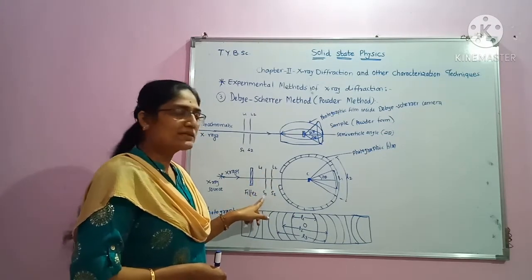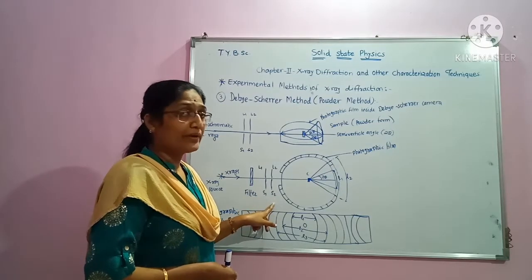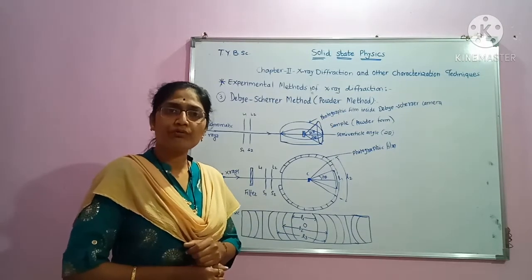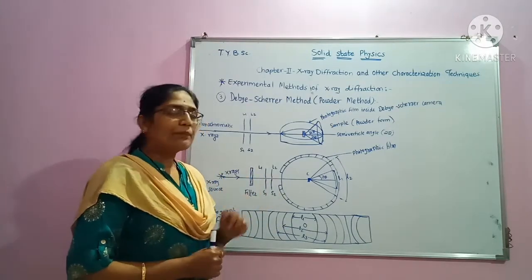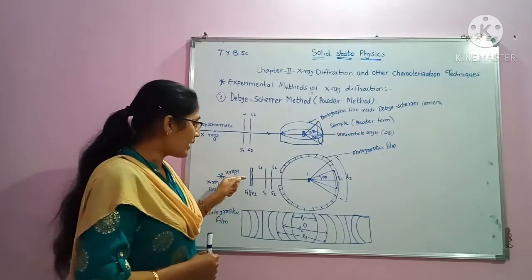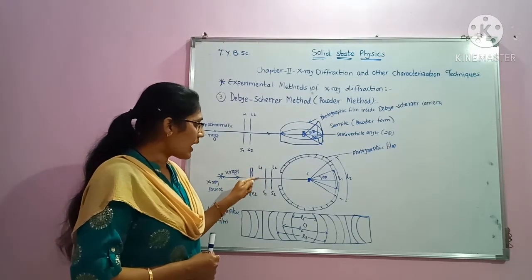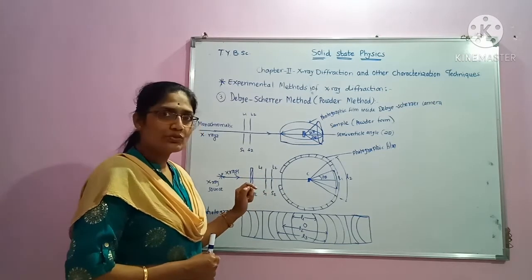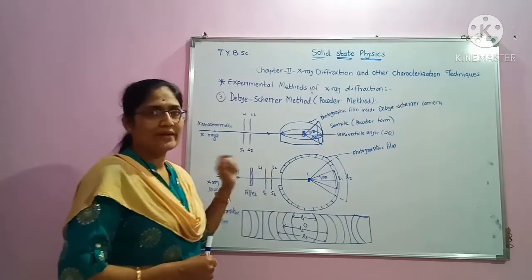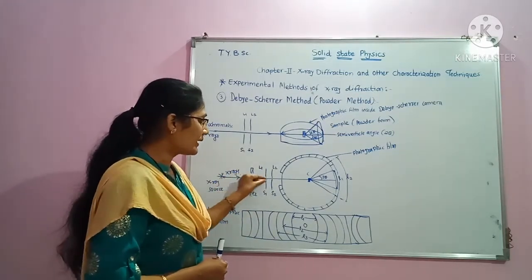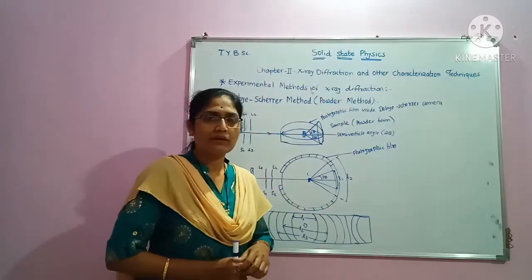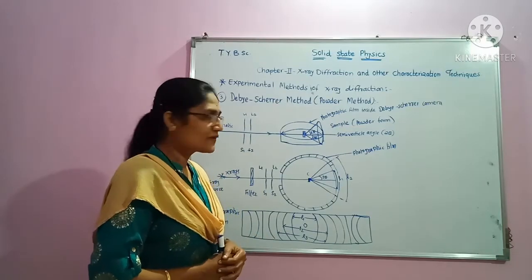These are two slits S1 and S2, made up of lead. When the X-ray beam passes through lead, it passes through the holes in slits S1 and S2, and the excess X-rays are absorbed in L1 and L2, and hence we get a fine beam of X-ray which is then incident on the powder under study.